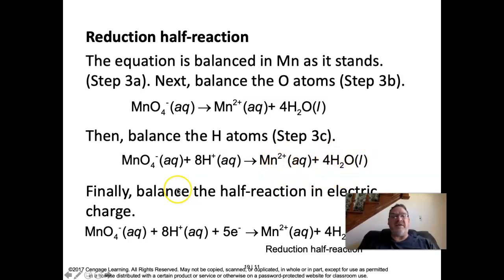Manganese is +2. On the reactant side, the permanganate, the MnO4, has a -1 charge. The hydrogen's +1, but there's 8 of them. So that's 8 plus 8 total. So this side you actually have +7 and +2. So that's where you're seeing the 5 electrons. Again, pay attention to that coefficient.